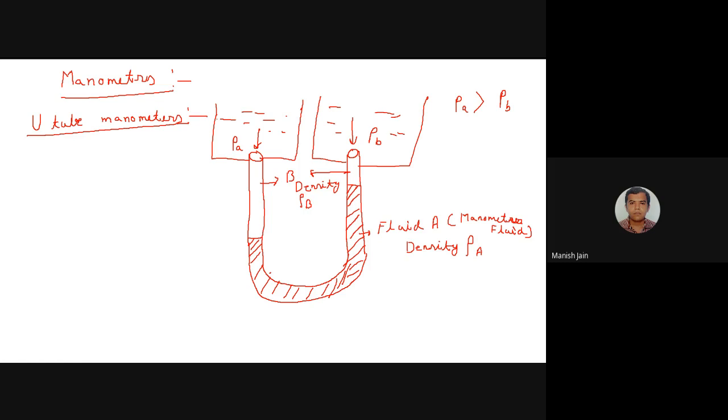Now we will define the different points. Suppose this is point 1. This level is point 2.